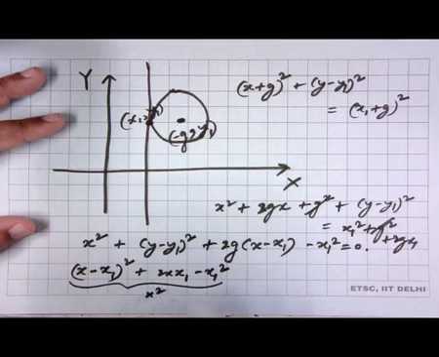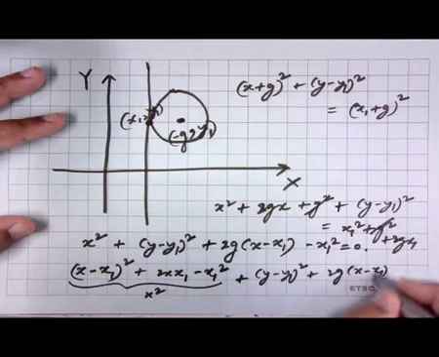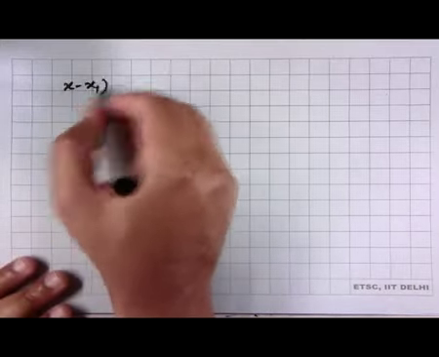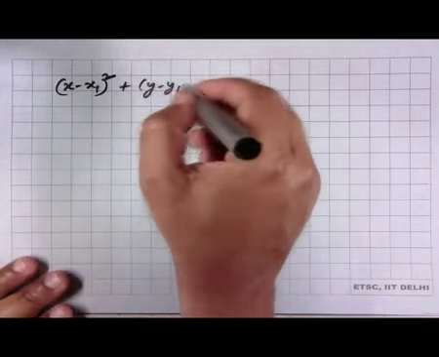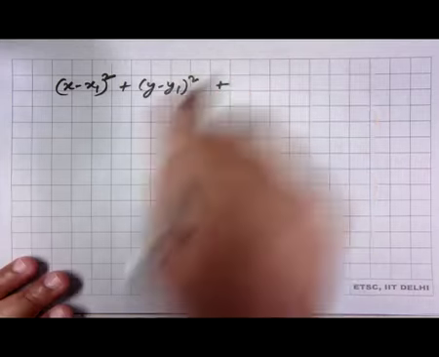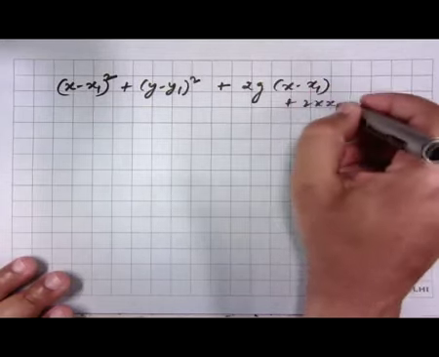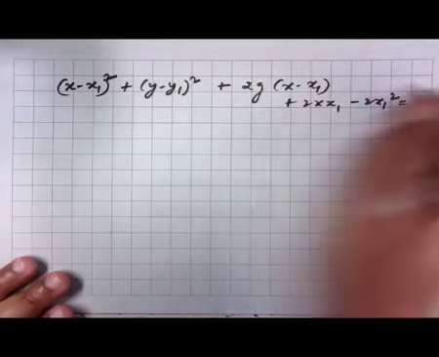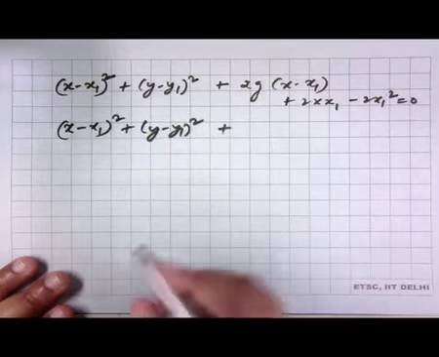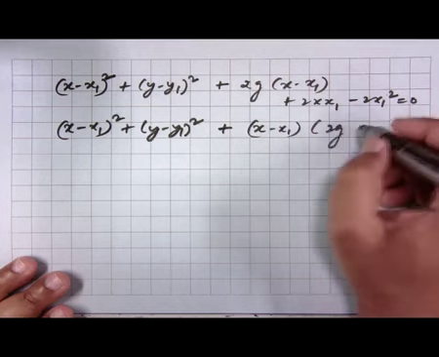So, this is x square plus the remaining part of the equation, which can be further simplified to x minus x1 square plus y minus y1 whole square plus 2g into x minus x1 plus 2x x1 minus 2x1 square equals 0, which is plus x minus x1 into 2g plus 2x1 equals 0.